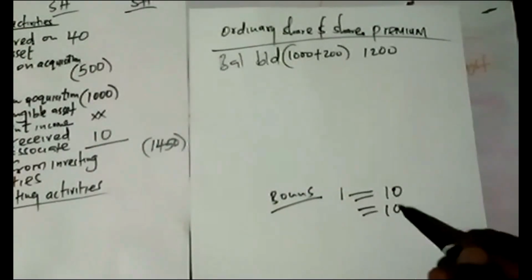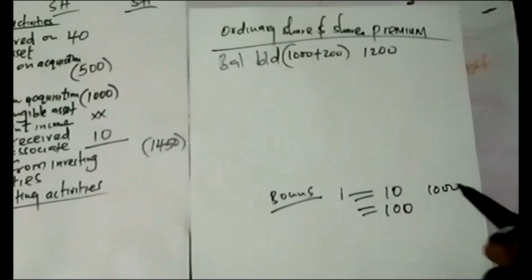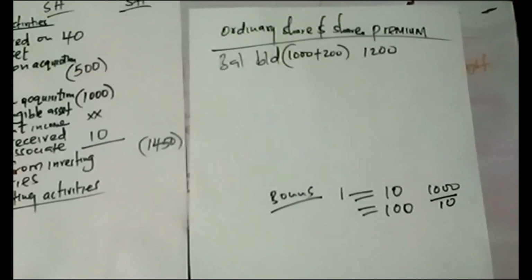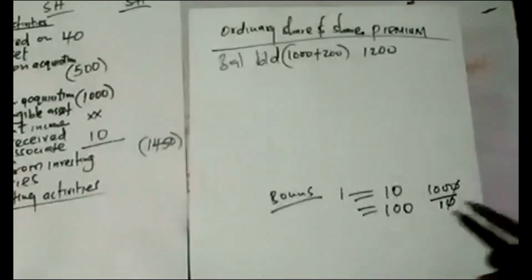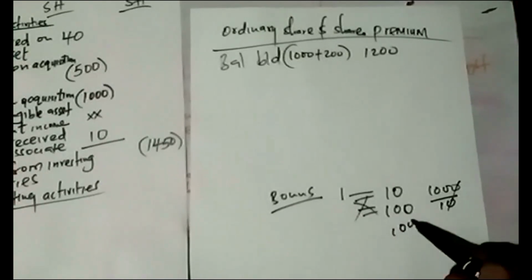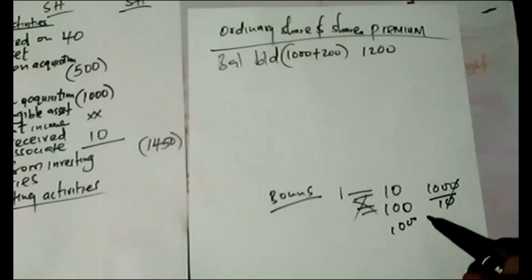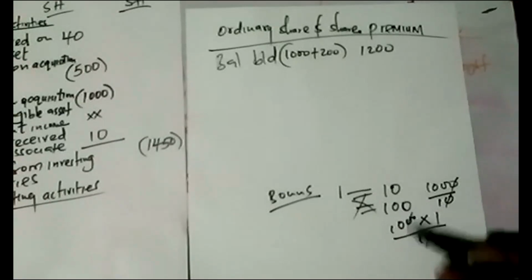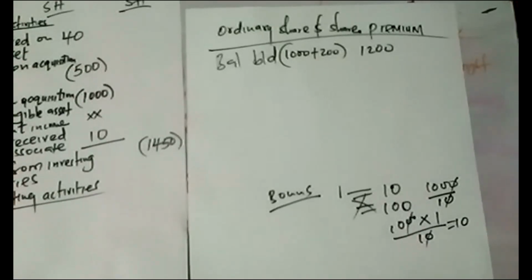How many shares were held? It's 100, because I have taken 1,000 divided by 10. That is according to how we are told as at 2012. So how many shares were given through bonus? You take 100 times 1 over 10. I'm getting 10. So those are 10 shares which were made through bonus issue.